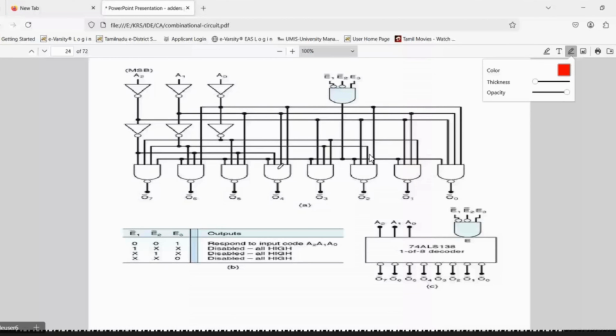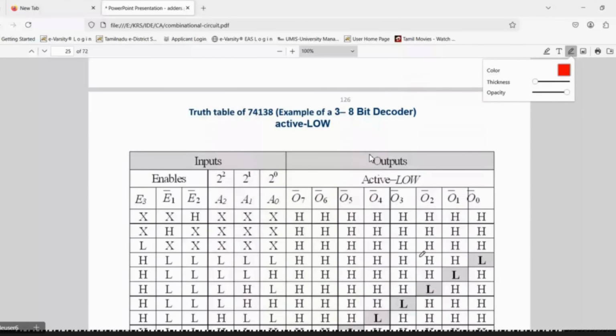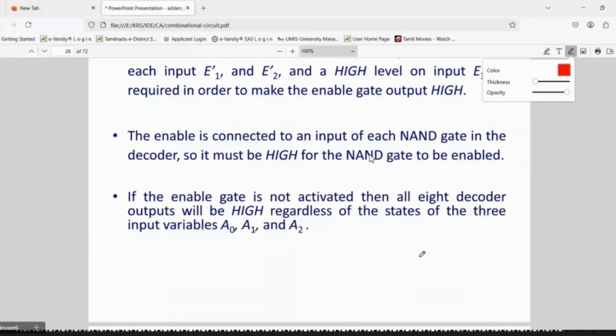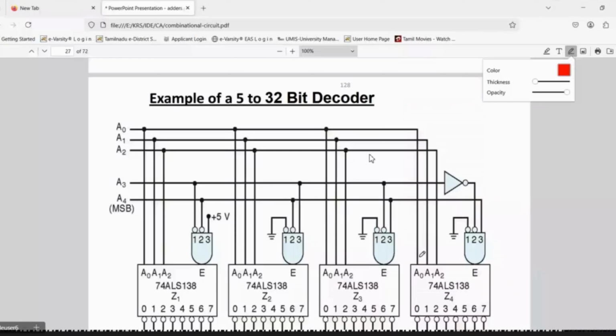The same diagram. So here is a block diagram, okay? 3 inputs, 8 outputs. This is a 5 to 32 decoder: 5 input lines, that is A0 to A4, and 32 output lines.